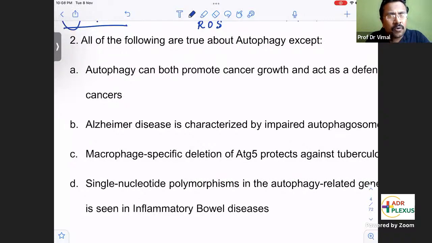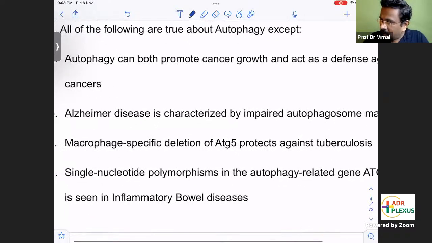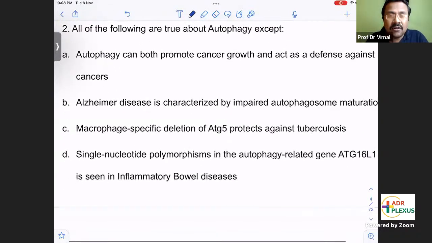So all of the following are true about autophagy except: autophagy can promote cancer growth and act as a defense against cancer. Alzheimer's disease is characterized by impaired autophagosome maturation. Macrophage-specific deletion of ATG5 protects against tuberculosis. Single nucleotide polymorphisms in the autophagy-related gene ATG16L1 is seen in inflammatory bowel diseases.